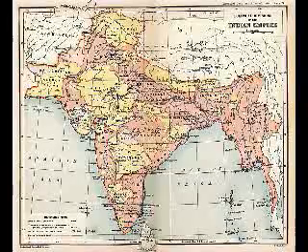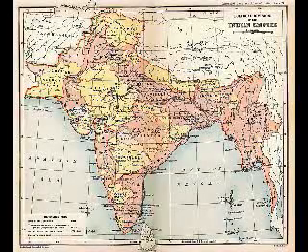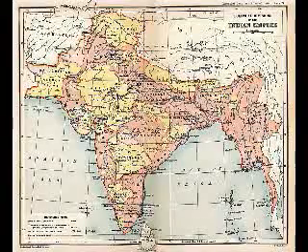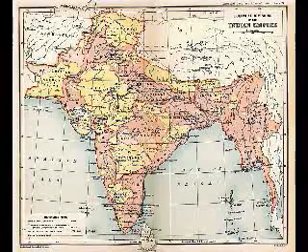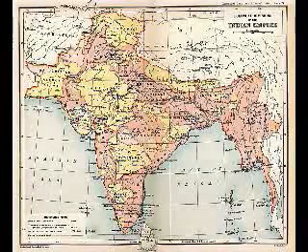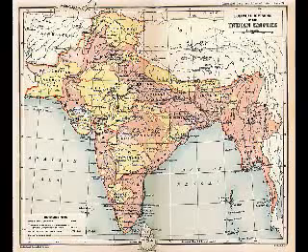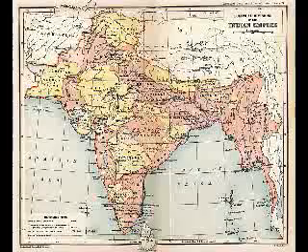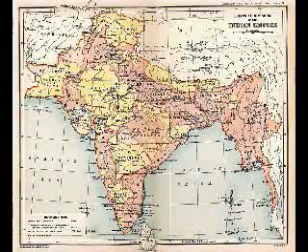With the national movement gaining ground, the British were again forced to adopt a conciliatory move, and the Act of 1909 was passed.